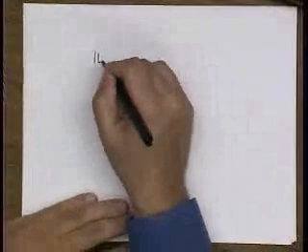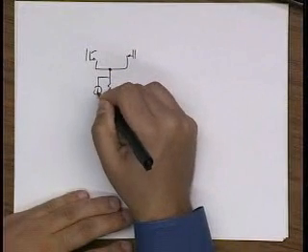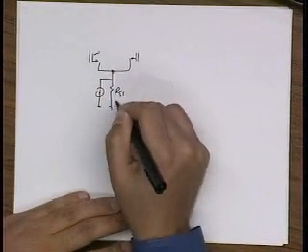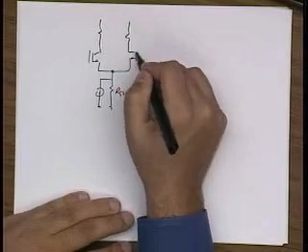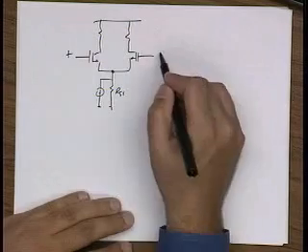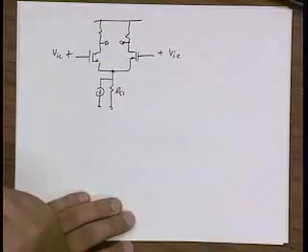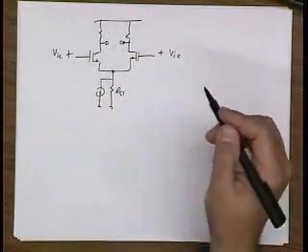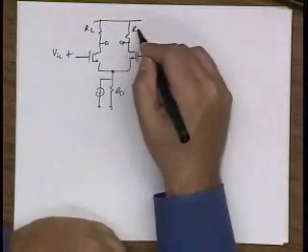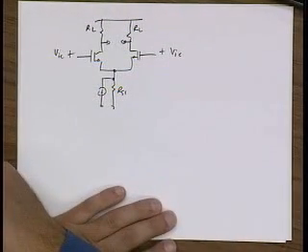So now let's look at what happens when I put a current source. Again, I apply a common mode signal, and I'm interested in the differential output signal. And now even if there's a mismatch, right, what's the common mode gain? How small is it?